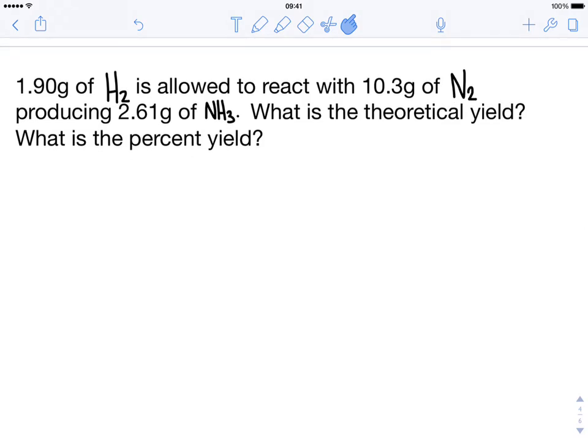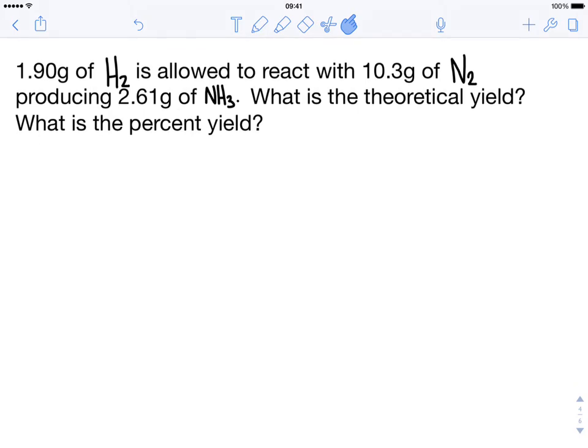So 1 gram of H2 is allowed to react with 10.3 grams of N2, producing 2.61 grams of NH3. What is the theoretical yield and what is the percent yield? So this problem in itself, before you can actually figure out what the theoretical and percent yield are, is a limiting reactant problem.